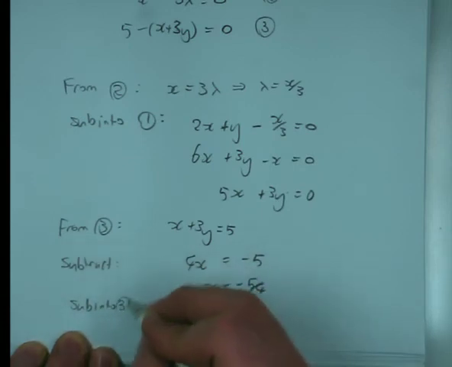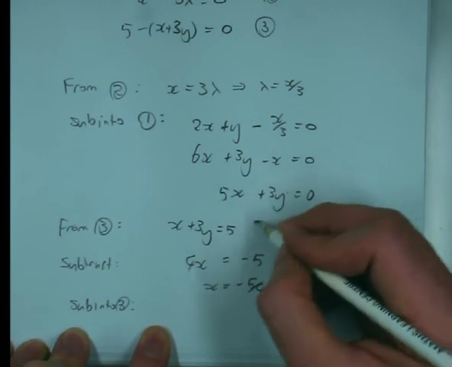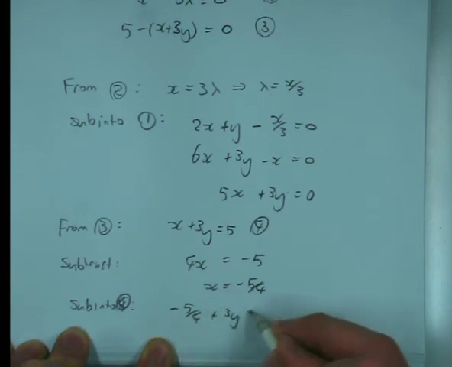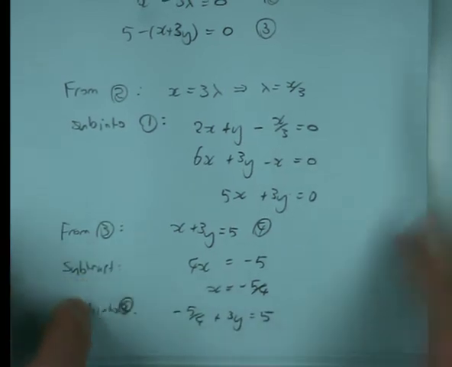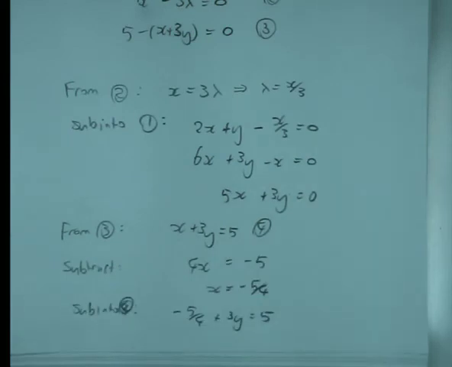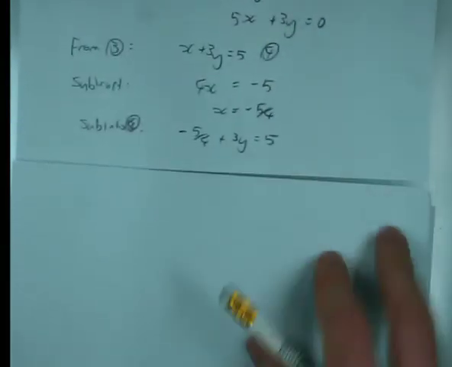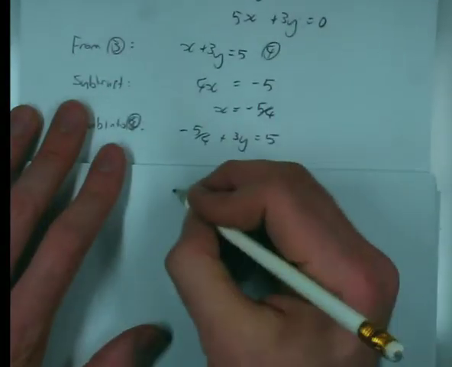So usually you sub it into the equation, like this equation here. I'll call that equation 4. So I've got that minus 5 quarters plus 3y equals 5. Just times everything by 4 because I don't like those fractions.